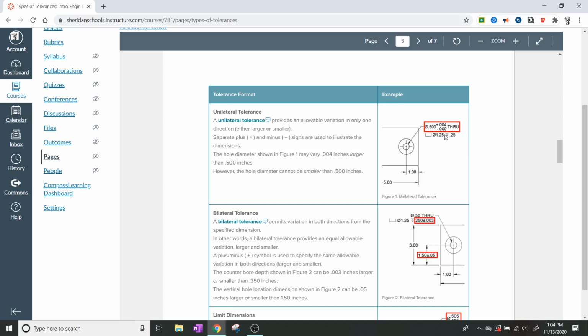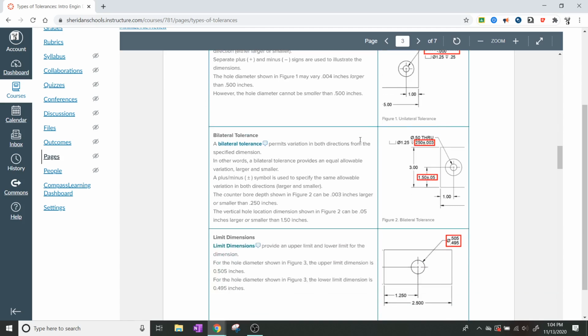If you're drilling this hole, it says that you can have a diameter of 1/2 inch, and you should not go under 1/2 inch, but you can go a little bit over. Since this only goes in one direction, this is called a unilateral tolerance, just like a unicorn would only have one horn.